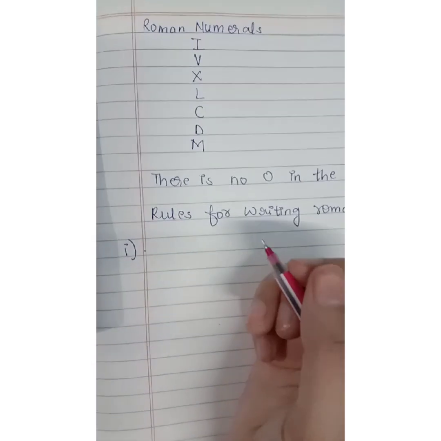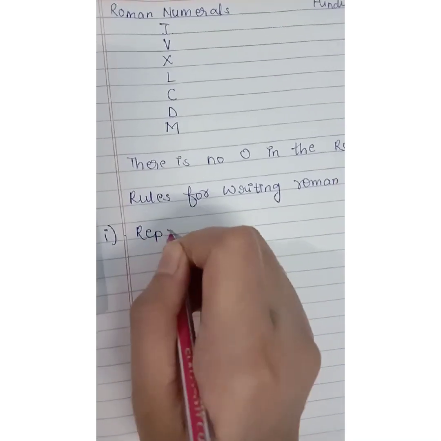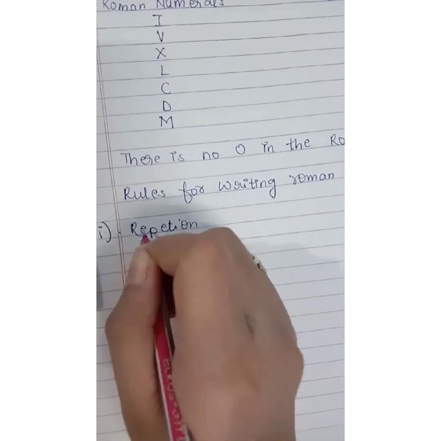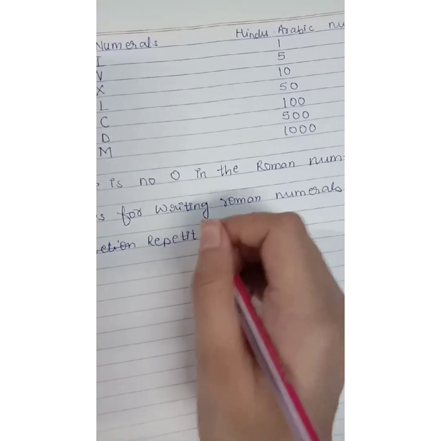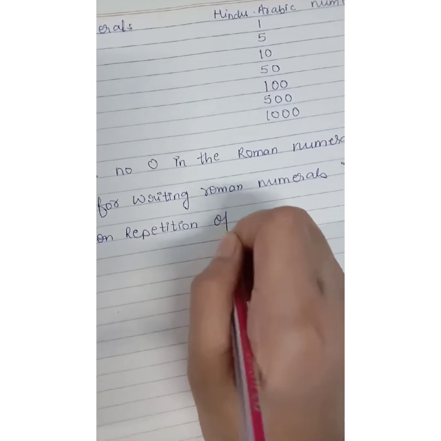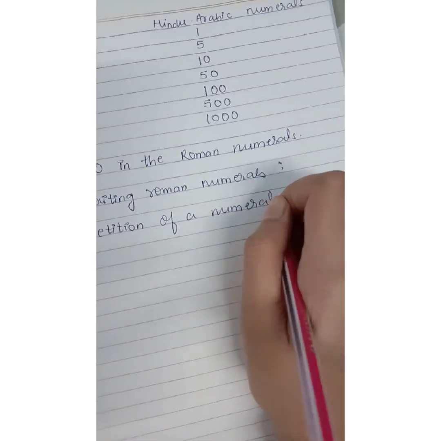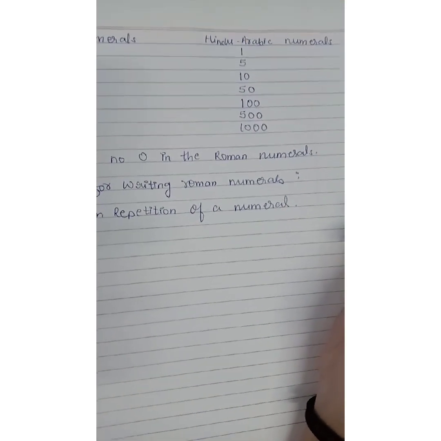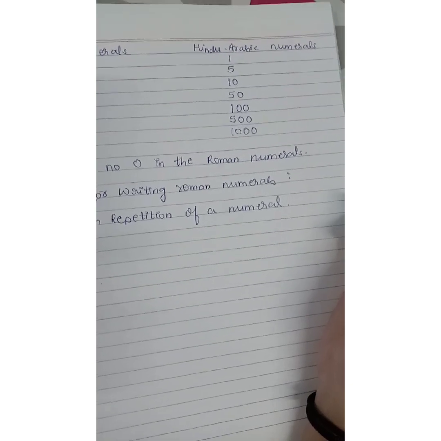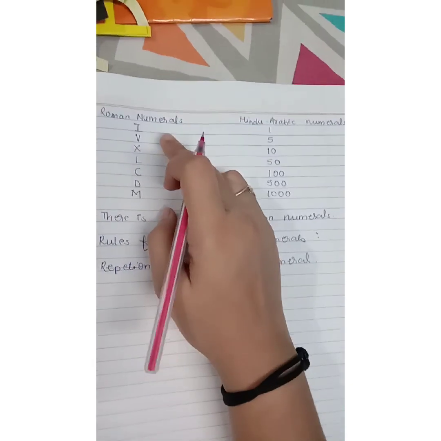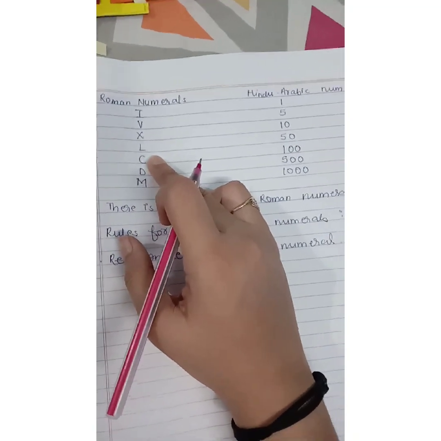Our first rule is repetition of a numeral. Repetition of a numeral means addition. But a numeral cannot be repeated more than 3 times. Roman numerals cannot be repeated more than 3 times.